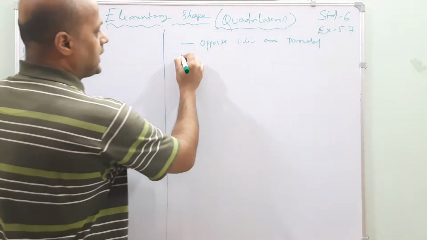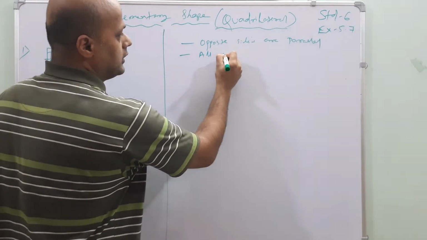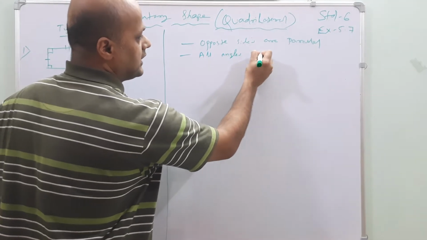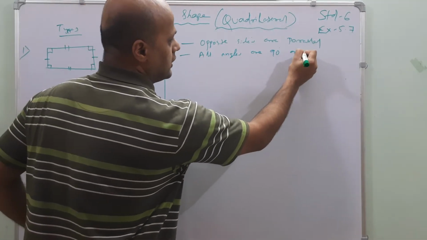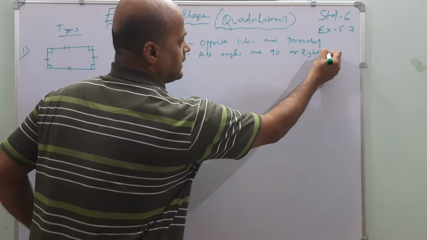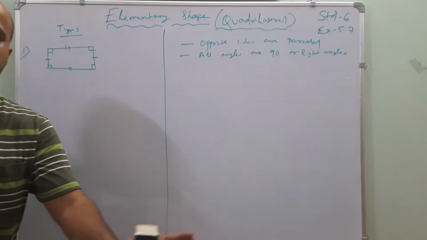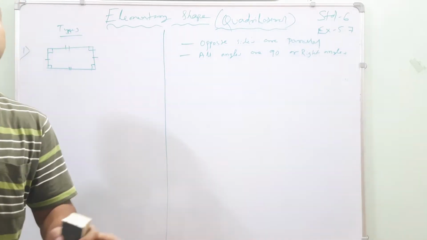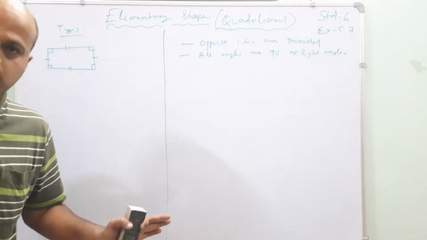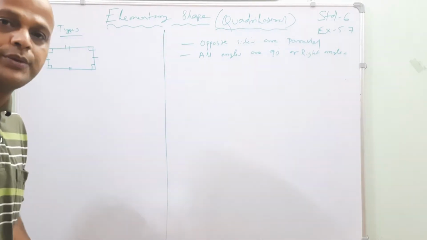Second point: all angles are 90 degrees or right angles. These are the properties. If you remember them, then all the questions of 5.7 will be completed automatically.